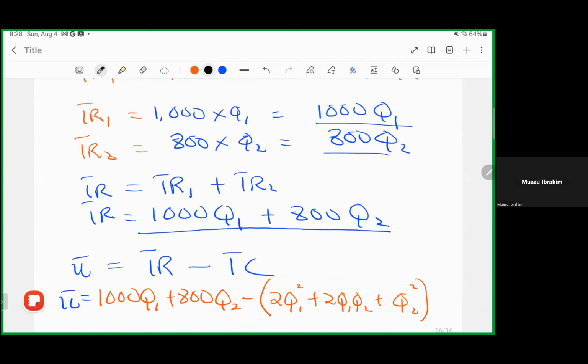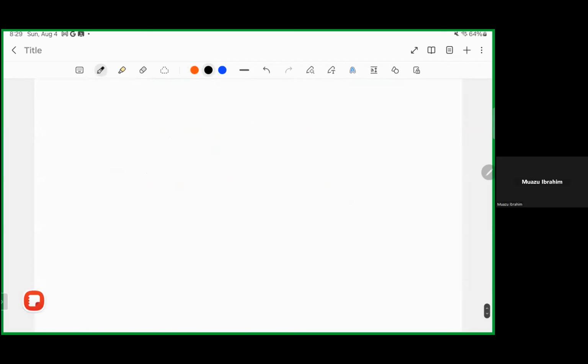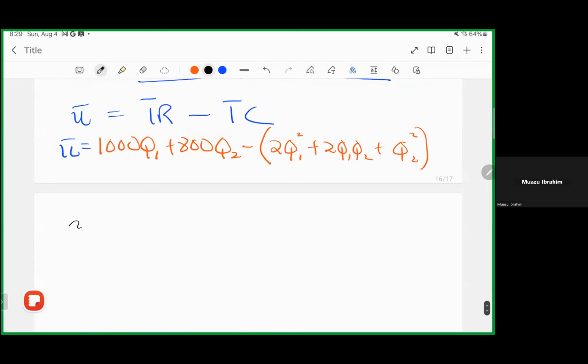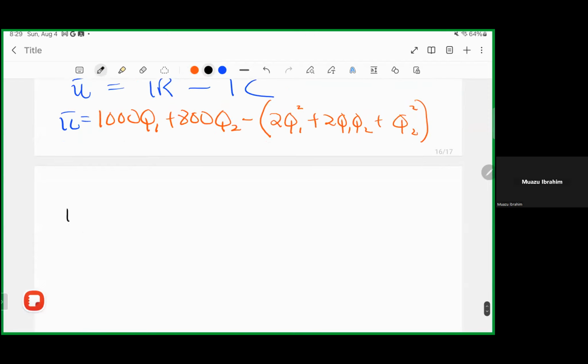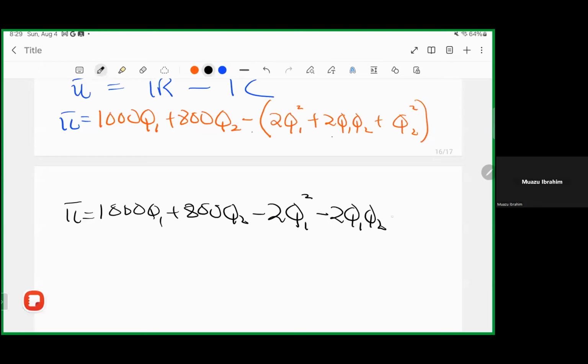So let's further simplify it. Our profit would be 1,000 Q1 plus 800 Q2 minus 2Q1 squared minus 2Q1Q2 minus Q2 squared. So this is the profit function.